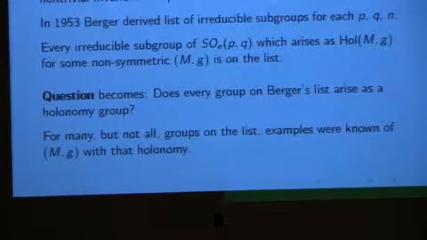There's only two exceptions: only two groups, for any signature in any dimension, occur in odd dimensions other than the full group itself. These both occur in dimension 7, and they're the two real forms of the exceptional Lie group G2.